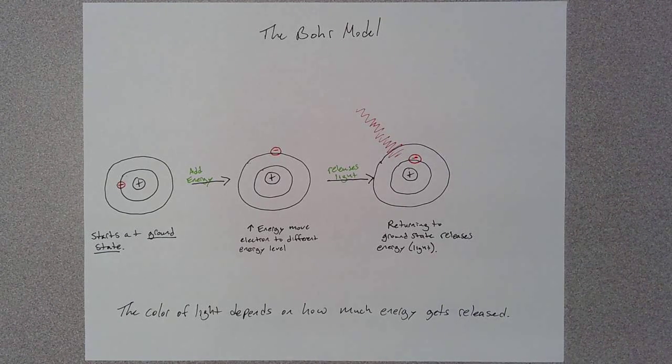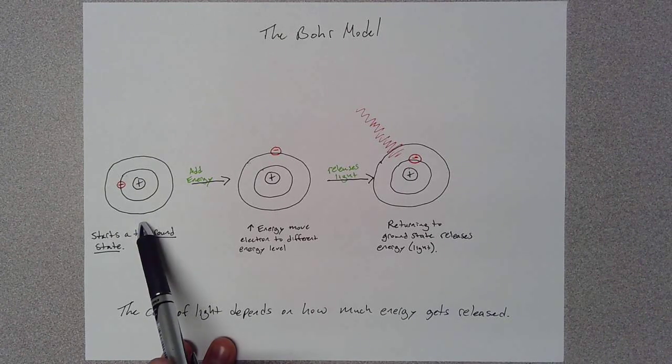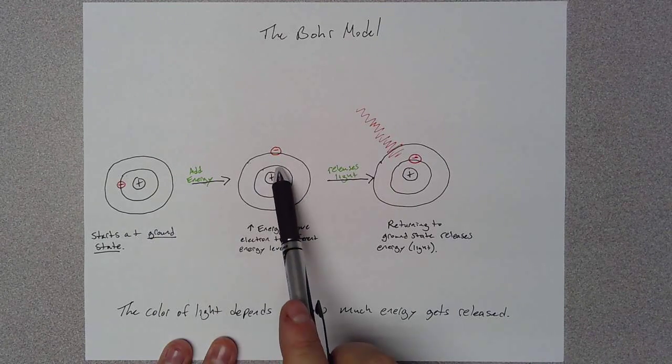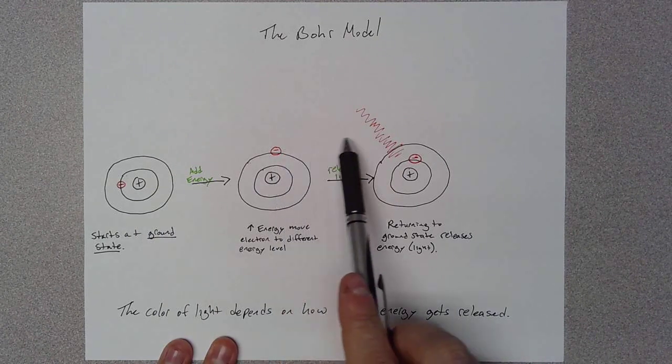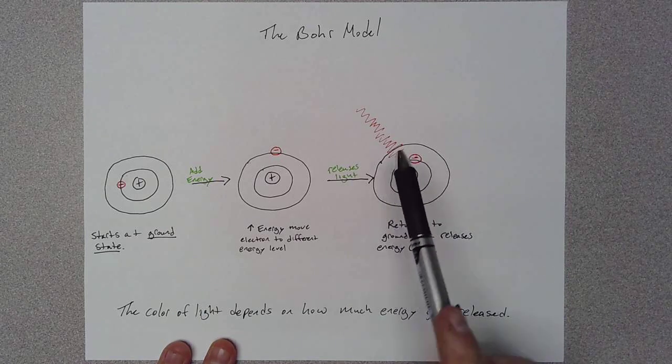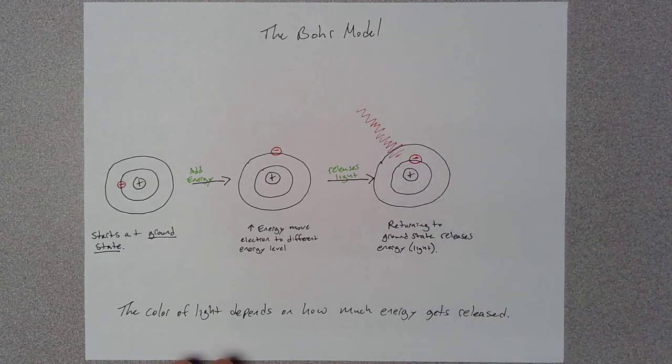The color of light is going to be dependent on how much energy is released, or how far back to ground state that electron has to travel. So we go from this ground state to this excited state where it moves further away, and then back down to the ground state. And it's this moving back down that's where we get that light spectra.